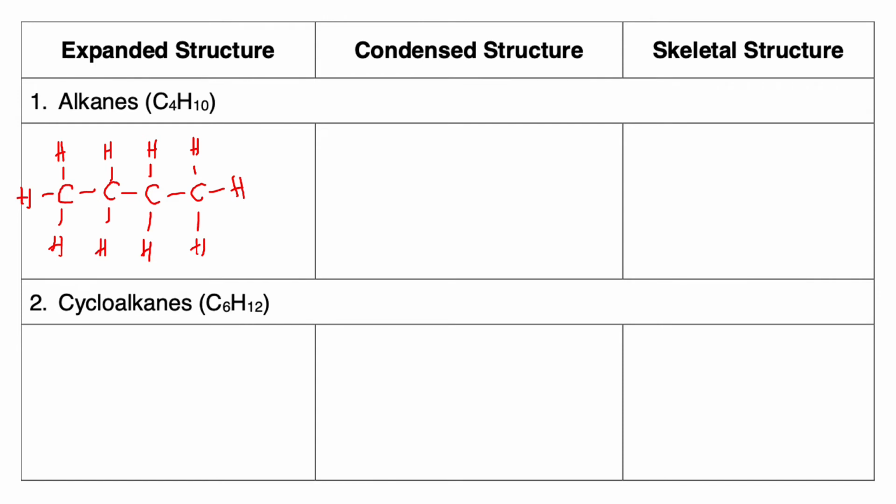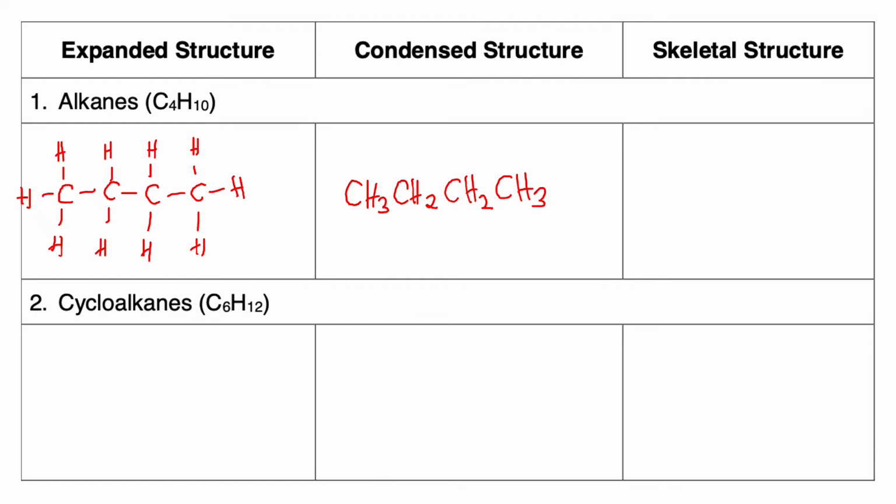So, this is our expanded structure. If we want to write the condensed structure, we are going to write it like this. CH3, CH2, CH2, CH3. No bond. Okay, tak ada bond.